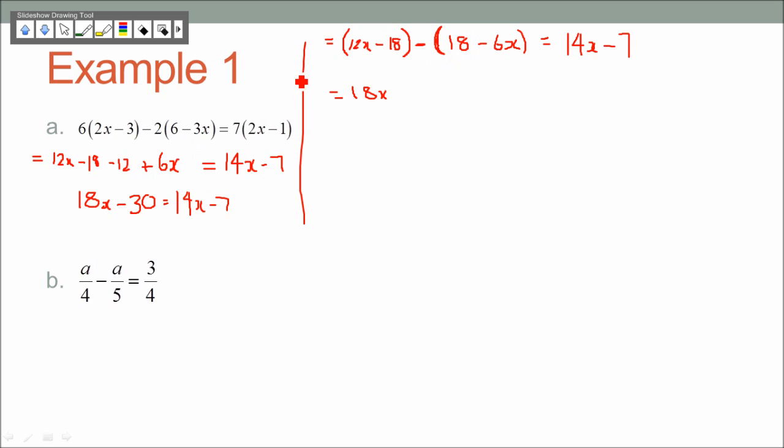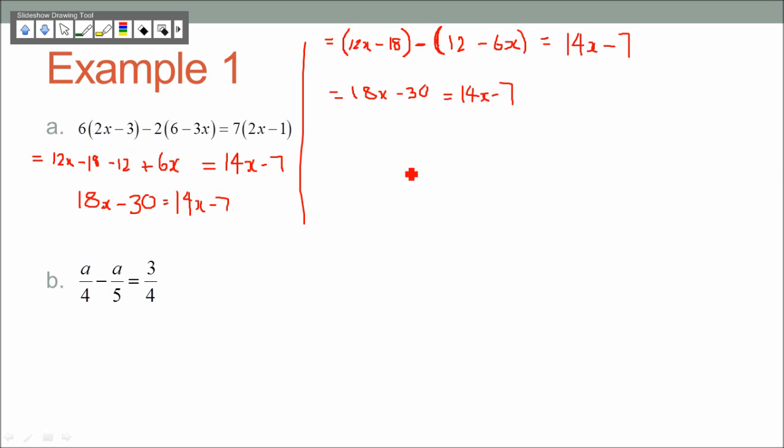My apologies, instead of 18, this should just be 12. Minus 18, take away 12, which is minus 30. And that equals 14x take away 7. So we've come to the same answer. It's just two different ways of setting it out, and it's completely up to you which way you would like to do to answer the question.